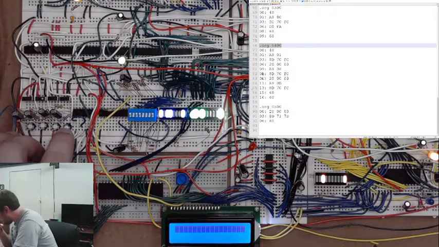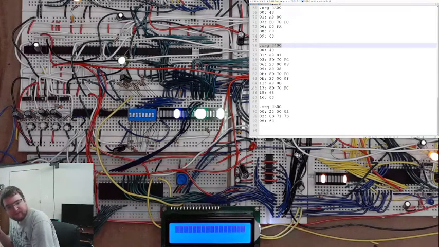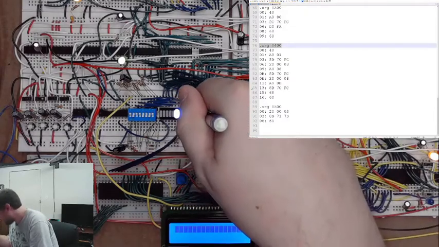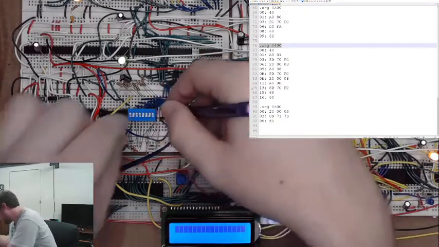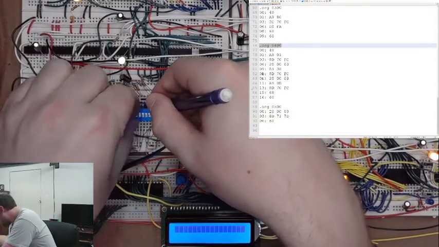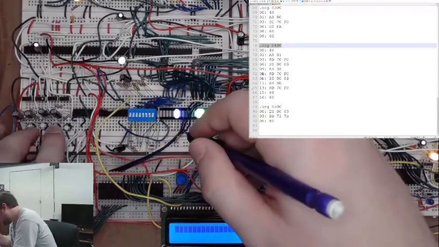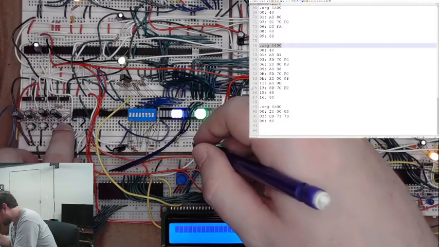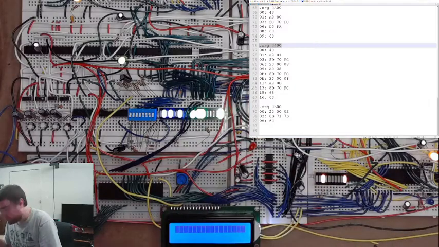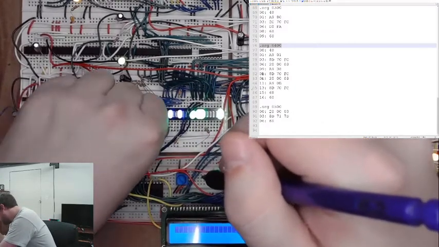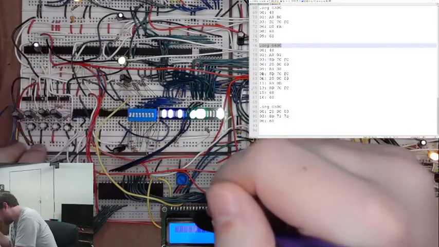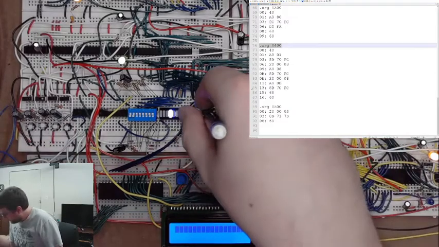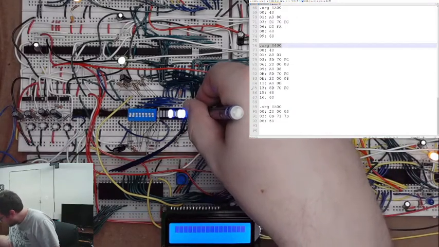70. Yeah. Okay. I just have to remember where I am. So we're at C. So yeah, 70. 70. FC. Okay, now we should be at, what is that?